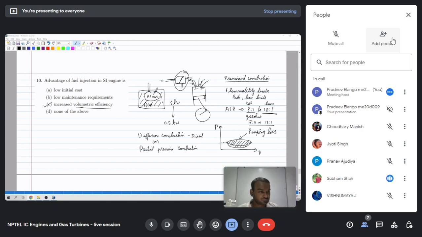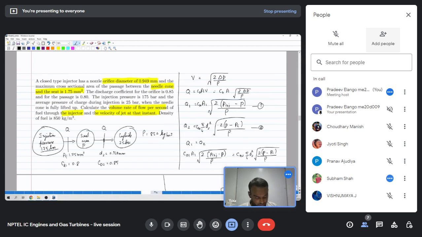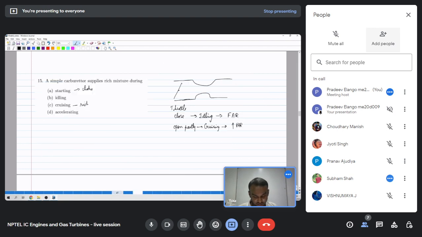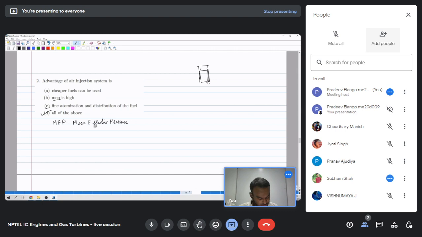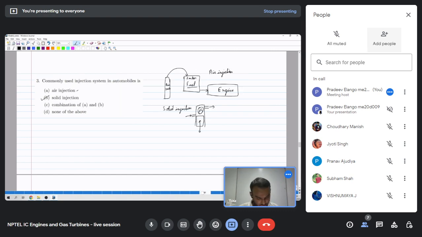Sir, may I know more about air injection and solid injection, sir? Yes. So in case of air injection, in order to pressurize the fuel, we use compressed air.